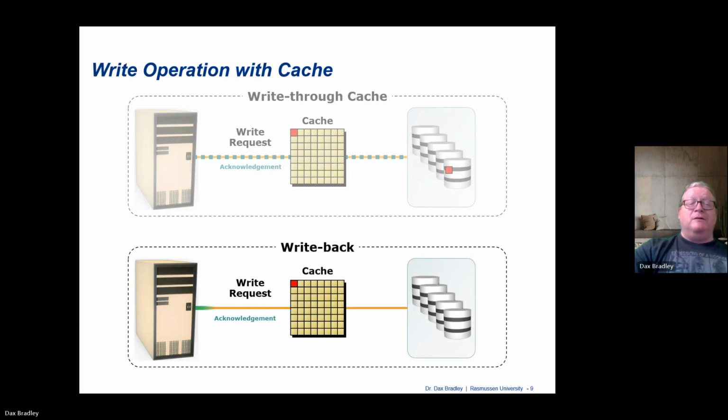Write-back is acknowledged as soon as it enters the cache memory. It sends a write request and bounces back. Then it is later acknowledged by the RAID arrays.